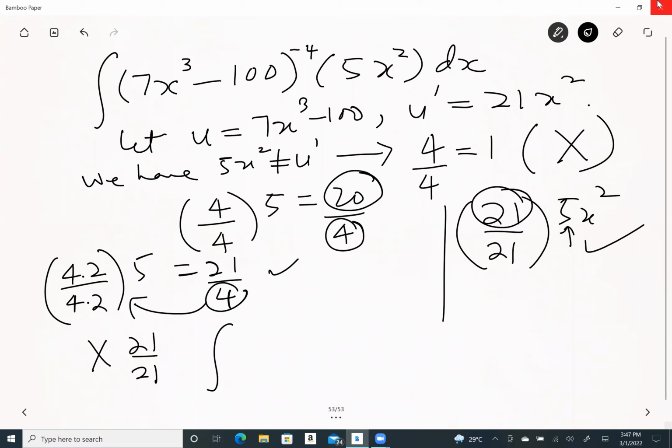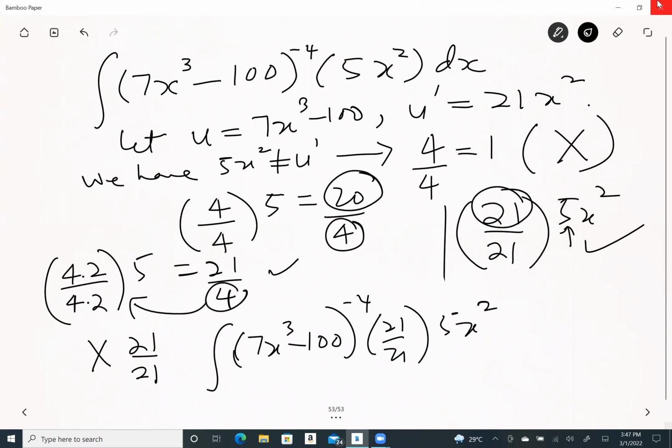So what you have is 7x cubed minus 100 to the power of -4, and then you multiply by 21 over 21, 5x squared dx. You rearrange, you maintain the 21x squared, and then 5 over 21 you bring out.